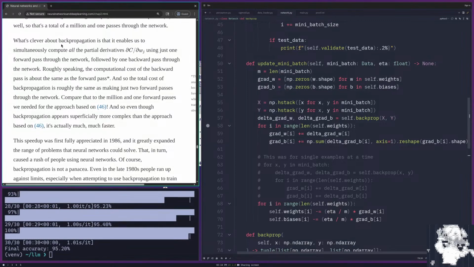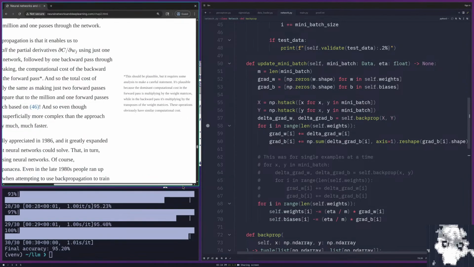What's clever about backpropagation is that it enables us to simultaneously compute all the partial derivatives of C with respect to Wj, using just one forward pass through the network, followed by one backward pass through the network. Roughly speaking, the computational cost of the backward pass is about the same as the forward pass. This should be plausible, but it requires some analysis to make a careful statement.